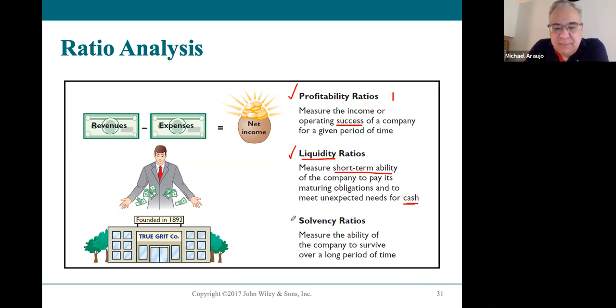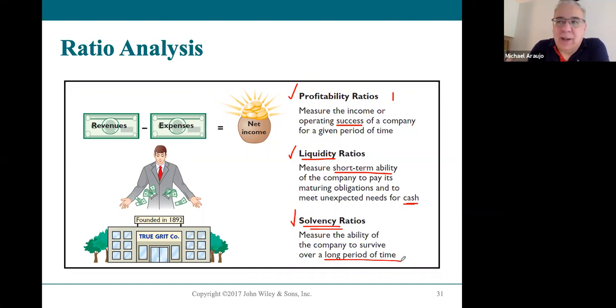And the last form of ratios is about solvency. And solvency basically is looking at the company's long-term debt, okay? And that's important because some companies have taken on way too much long-term debt and they are unable to survive, okay?